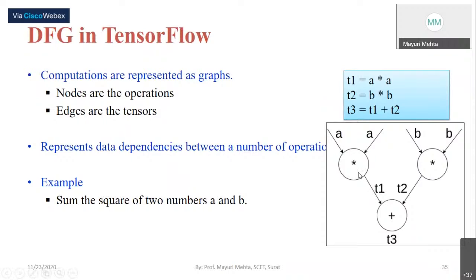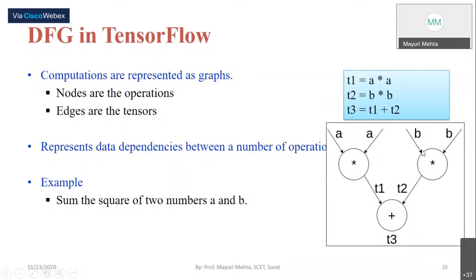By using explicit edges to represent dependencies between operations, it is easy for the system to identify the operations that can execute in parallel, right? For example, in this graph, you can see that T1 and T2 can be computed in parallel because there is no dependency.